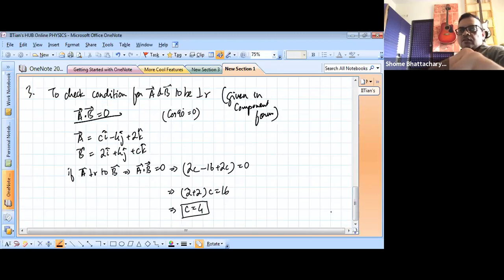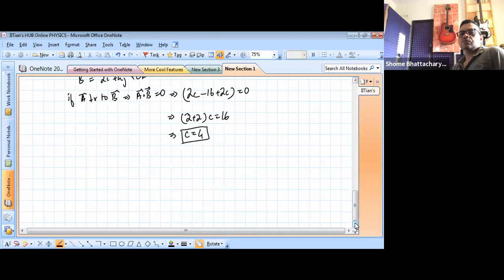If we use triangle law, then what should happen? If the vectors are perpendicular, then E plus B should have a magnitude of root of A square plus B square. You can do that also, but it's a little more lengthy. I'll just explain to you how that works. Hope this method is clear to all of you.